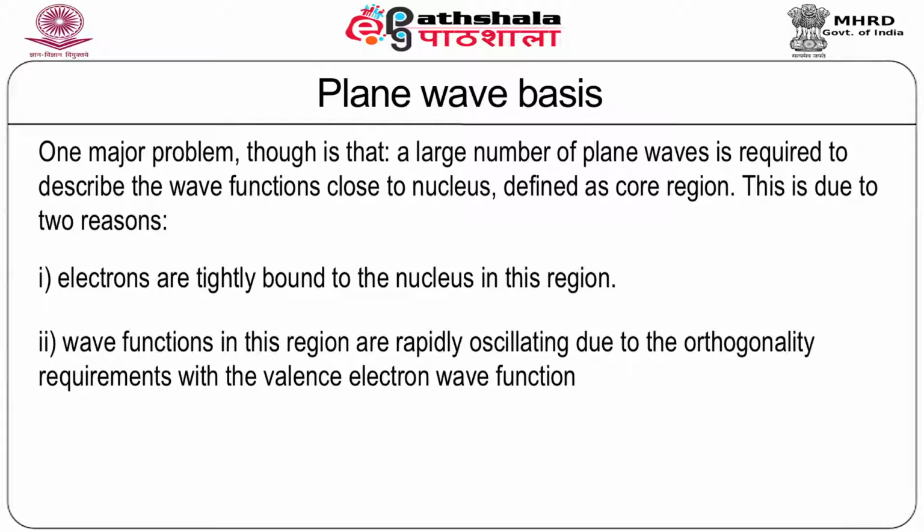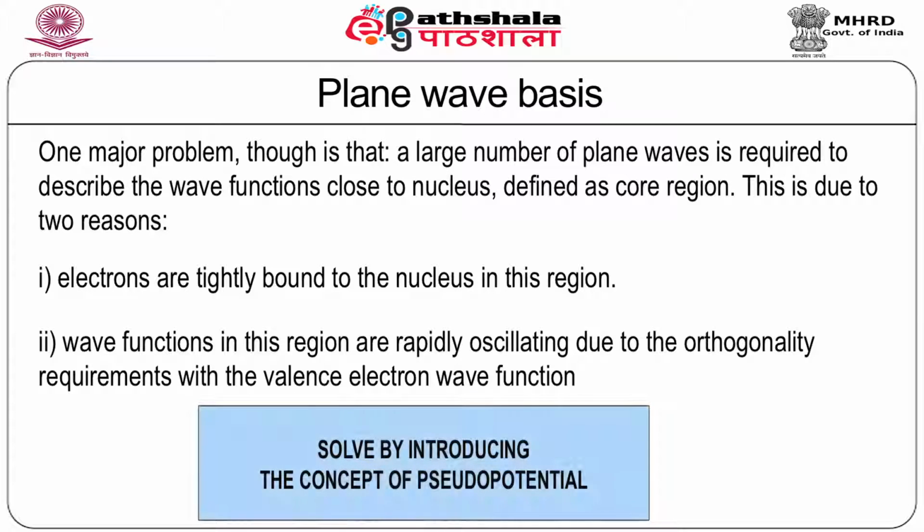One way to circumvent this problem is to replace the strong Coulomb potential of the nucleus and the effects of tightly bound core electrons by an effective ionic potential acting only on the valence electrons, known as the pseudopotential. In the following, we'll elaborate on this concept of pseudopotential.